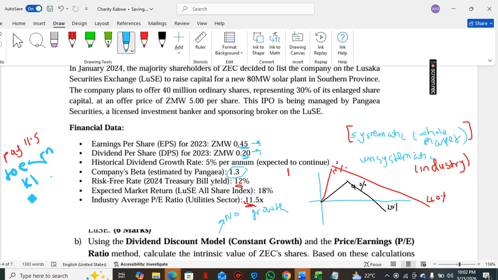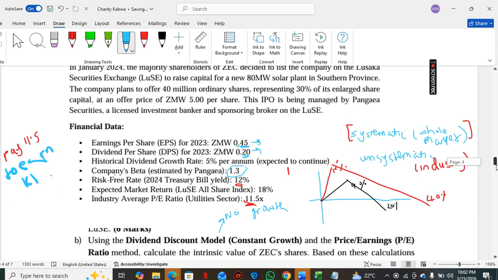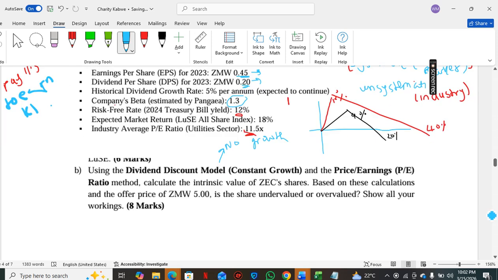So let's go to part B of the question so that we see if ZTC shares are over or undervalued. We're going to use the dividend discount model, the constant growth model. This is the formula.